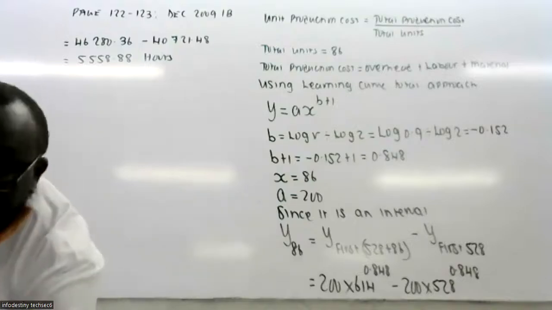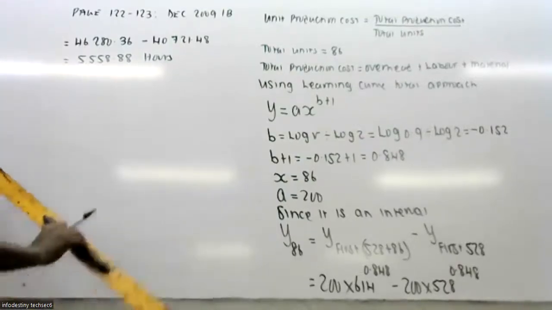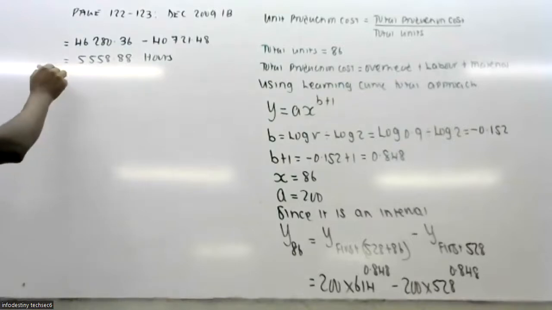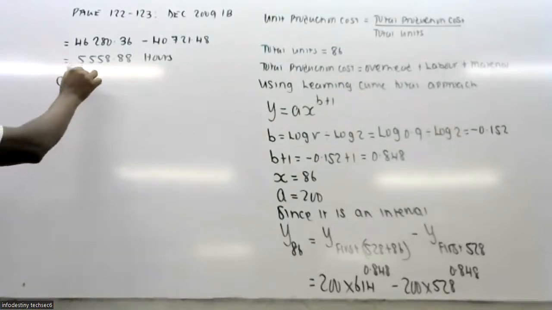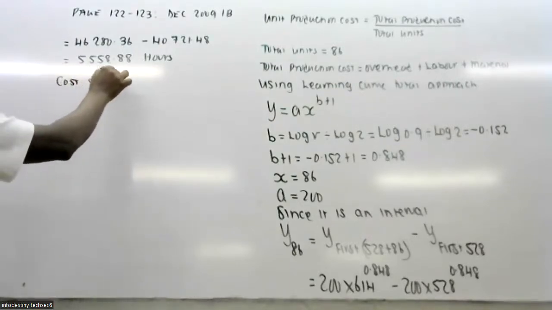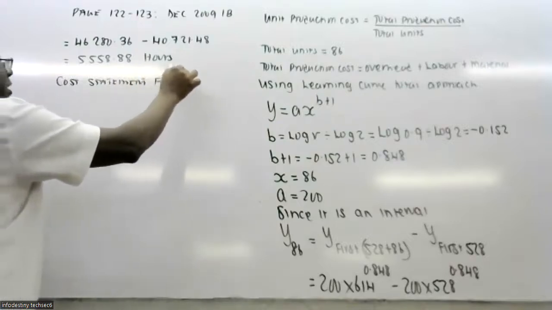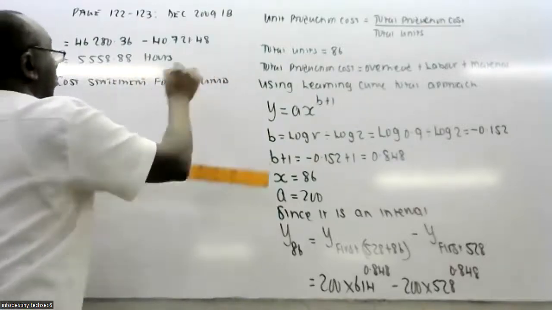So we can get the cost statement for 86 units.